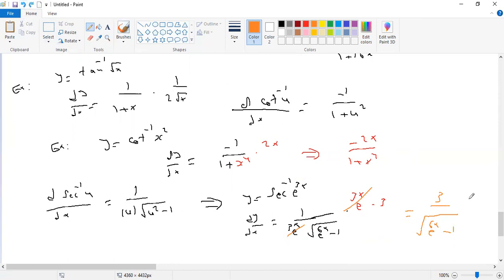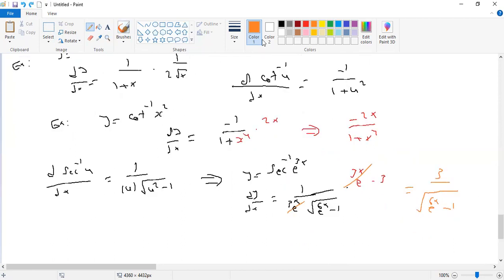Now, if we have, for example, y equal to secant inverse of x to the power 9, what is the derivative? dy/dx equals 1 over the absolute value of x to the 9 multiplied by the square root of x to the 9 squared, so it will be x to the power 18, minus 1, multiplied by the derivative of x to the 9, which is 9x to the 8. The x to the 8 cancels with x to the 9.